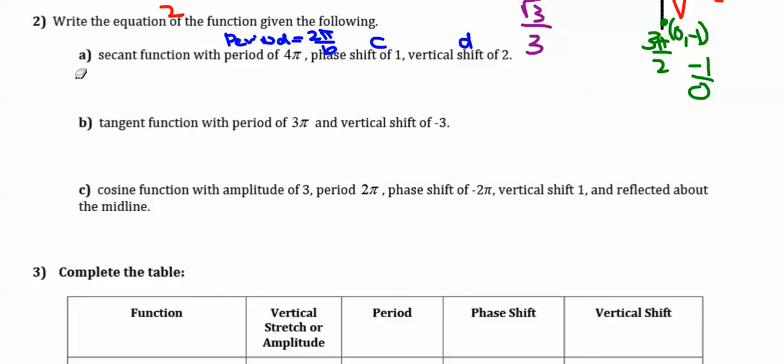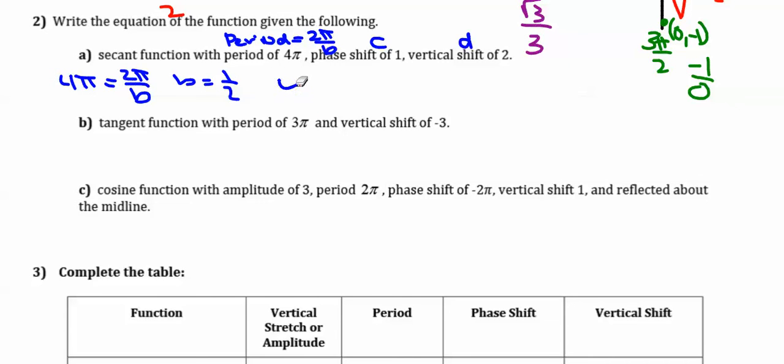So first let's go ahead and find the period. If the period is 4 pi equals 2 pi over b, when we solve for b, we get b to equal 1/2.